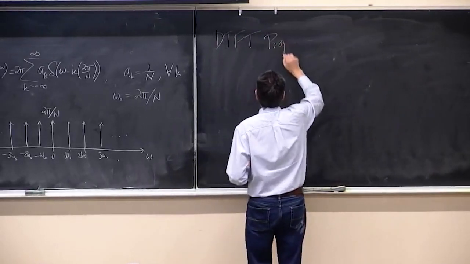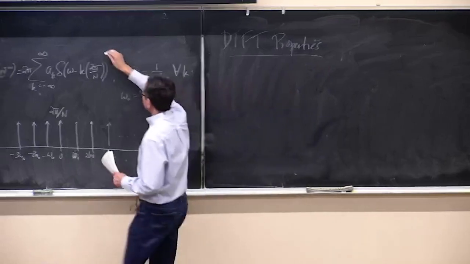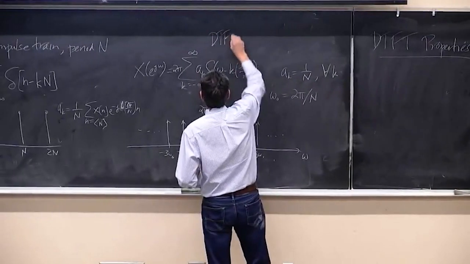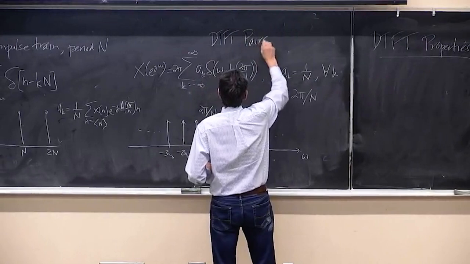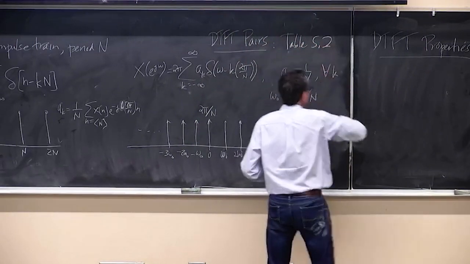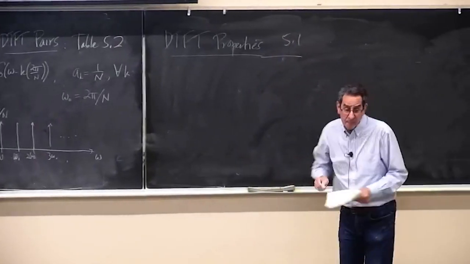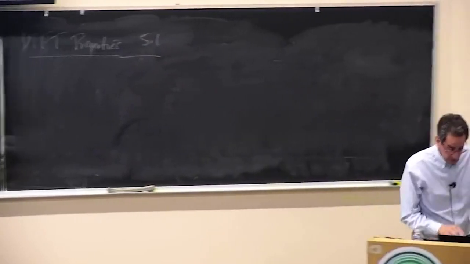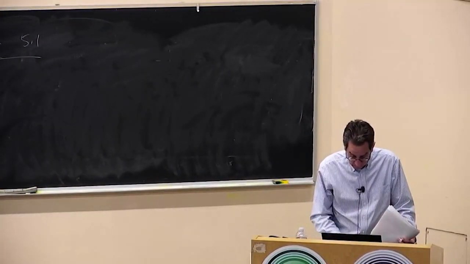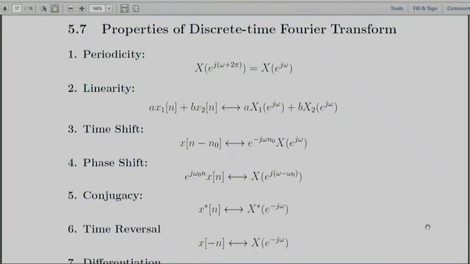And as I mentioned last time, DTFT transform pairs are in table 5.2, and the properties are in 5.1. So there's a whole slew of them. We're going to be interested primarily in the ones that matter when we're looking at difference equations. So there's the periodicity property, which is kind of unique to the discrete time setting.